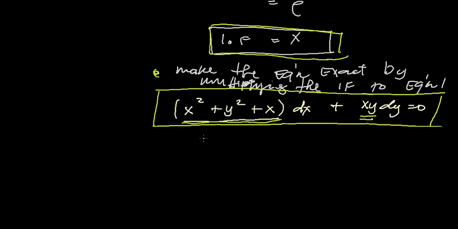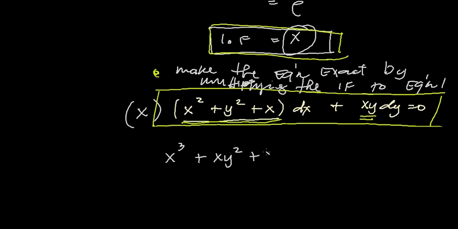So this is our equation 1, and we will now multiply our integrating factor. By multiplying our integrating factor in this whole term here, we have x cubed plus xy squared plus x squared dx, plus also to this part we have x squared y dy is equal to 0.